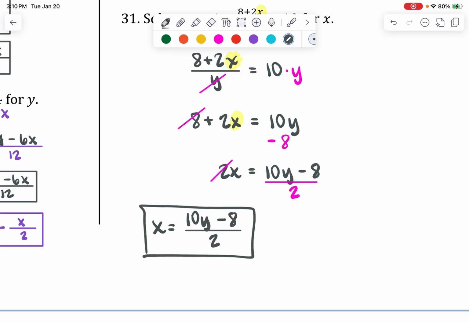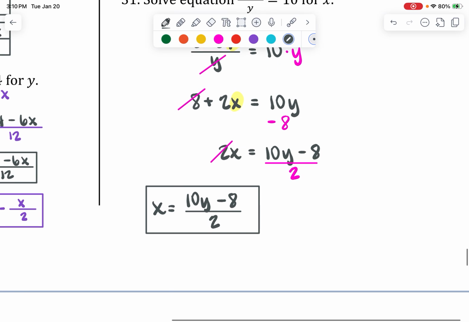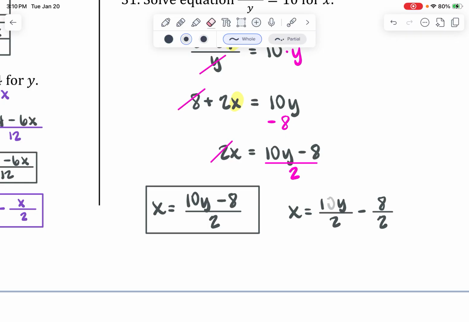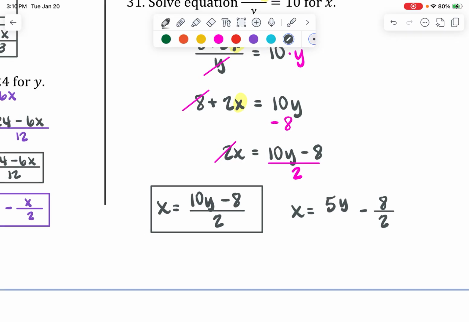If you want to stop there, totally fine with that. Or, of course, you can give each term in the numerator, that 10y, his own little divide by 2, and then the minus 8 gets his own little divide by 2. And you can see that we can simplify quite a bit here, because 10 divided by 2 is going to turn into a 5, and 8 divided by 2 is 4.